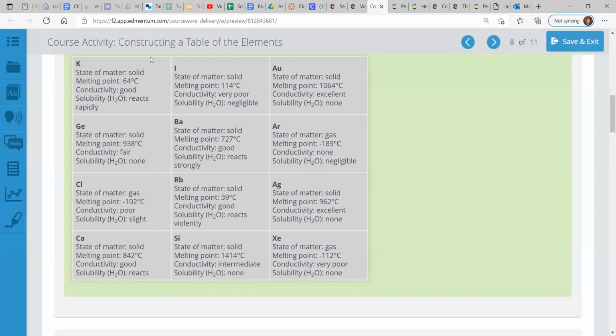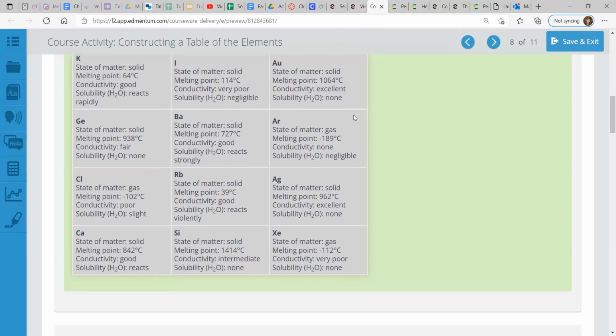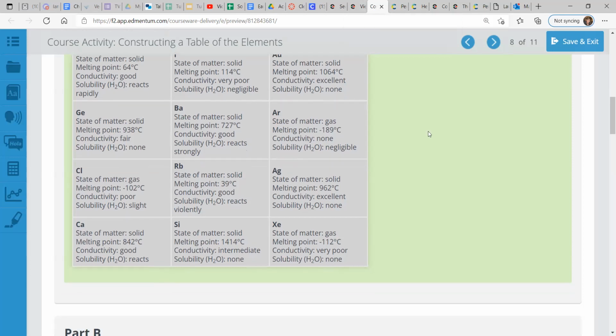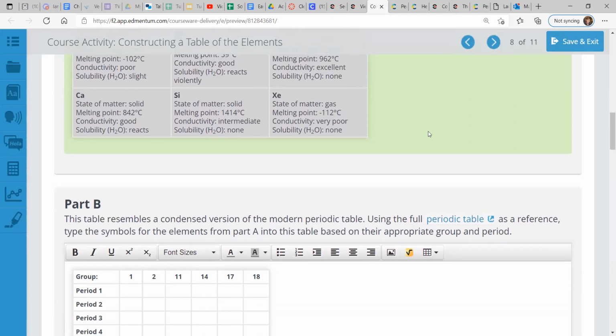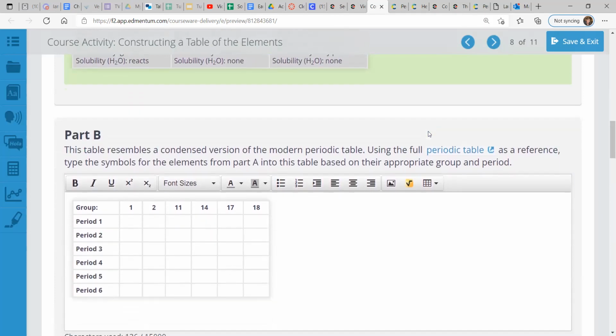Calcium, potassium, barium, pretty good conductors. Silicon is kind of an intermediate conductor. And so on and so forth. So I'll let you guys look at that before we move on. You can pause the video too.